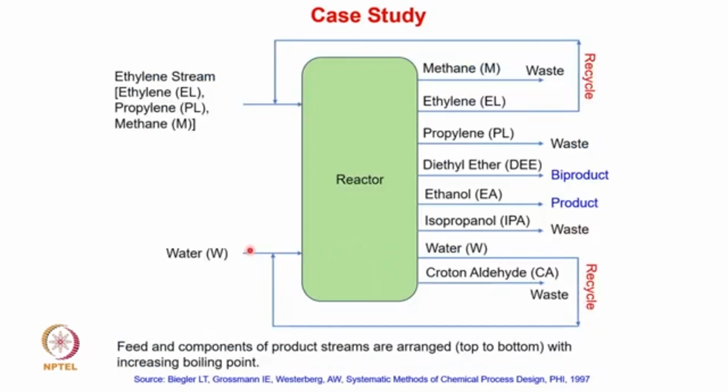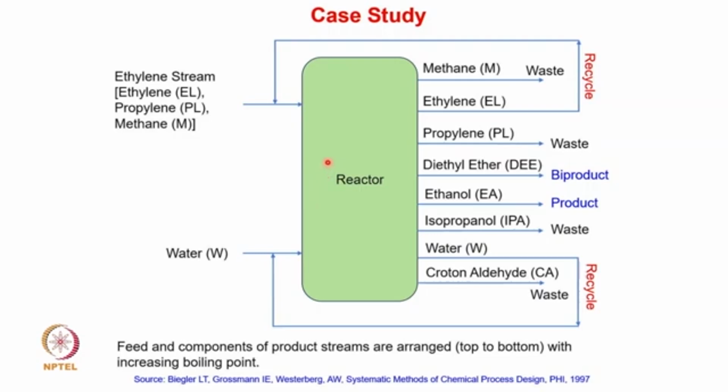For this given case, if we arrange these chemicals in terms of their boiling point, in this schematic you can see that the ethylene stream, which comprises 96% ethylene, 3% propylene and 1% propane, is fed to the reactor, and along with that water is fed to the reactor.